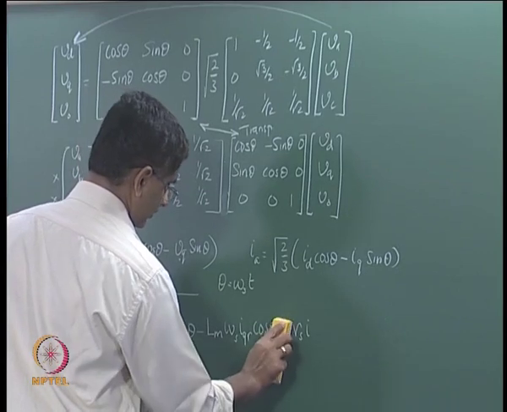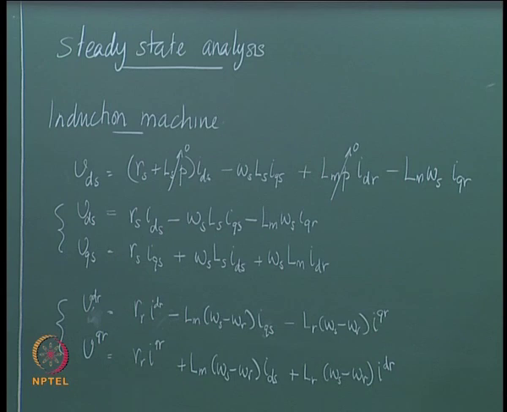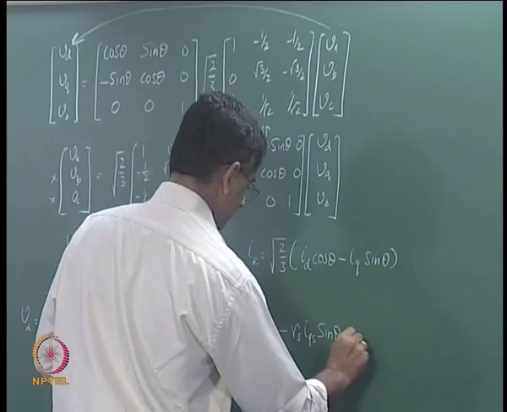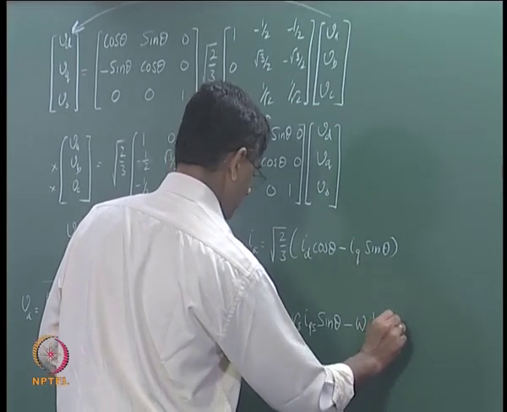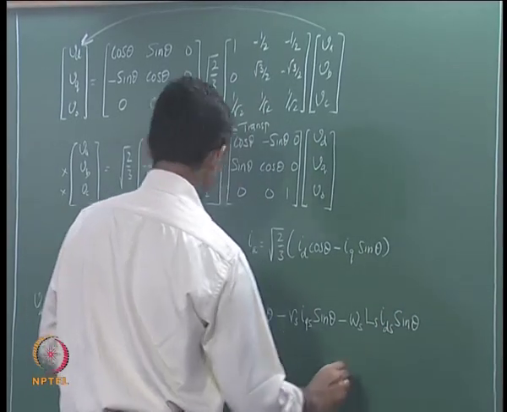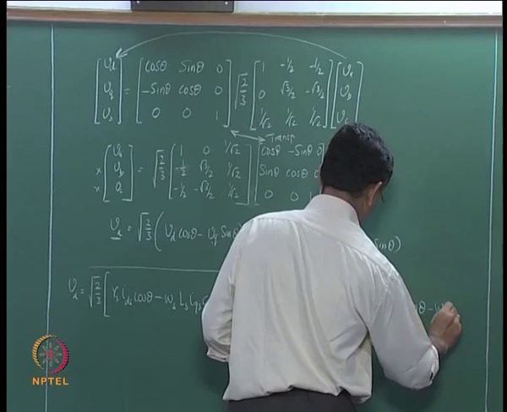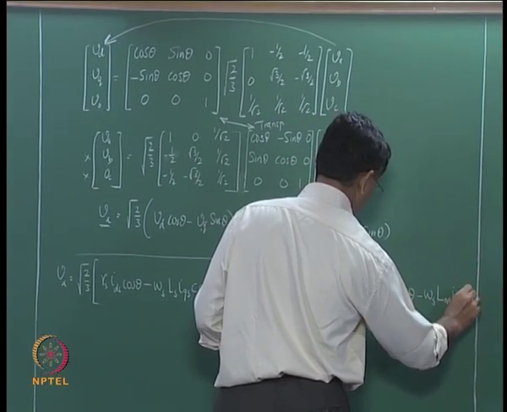So, this is minus Rs Iqs sin theta minus omega s Ls Ids sin theta minus omega s Lm Idr sin theta.